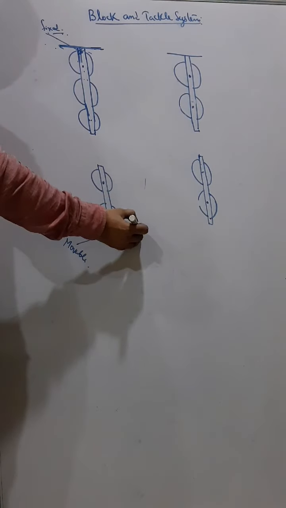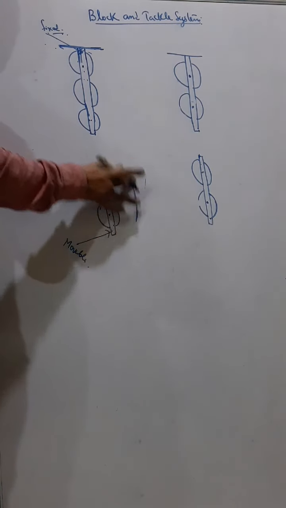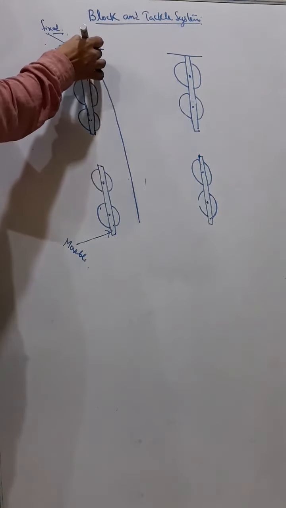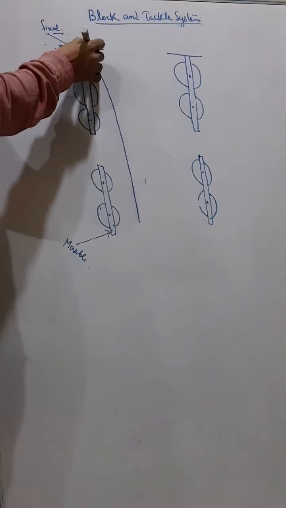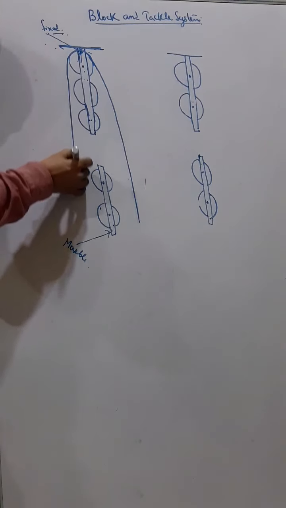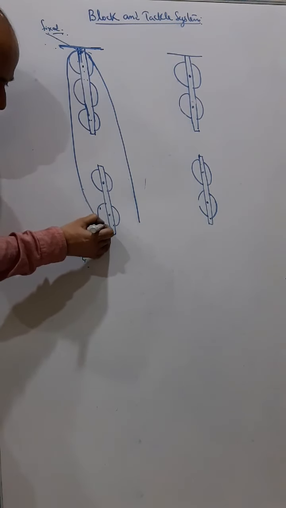We'll start from the bottom, and from the bottom we'll go to the topmost pulley. Again I am doing free hand, you should do it straight. Then from the topmost pulley you should come to the lowest pulley, the bottommost pulley.